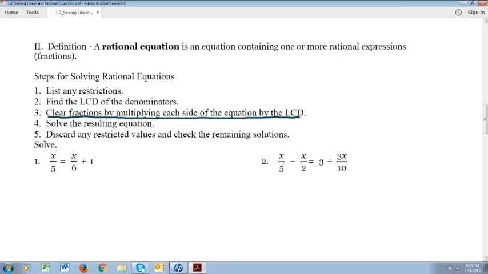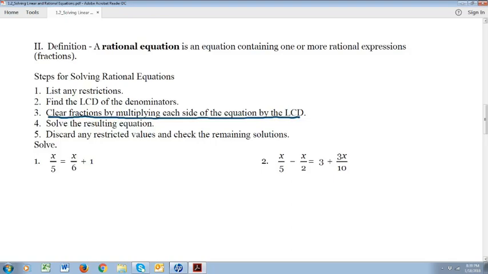That's the key step here. Basically what we're doing there is making fractions disappear, which I think most people would like to do. So by multiplying by the LCD on each side of a rational equation, we should eliminate all the fractions.